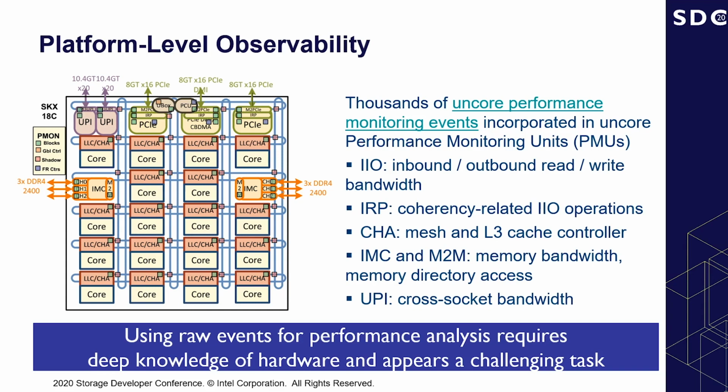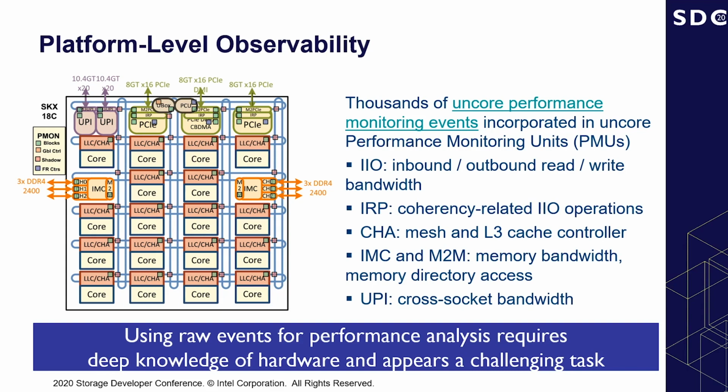On the mesh and the L3 cache side, requests may be monitored with the CHA PMU. The mesh events cover credits tracking, inserts of transactions to various queues, and so on. From the L3 observability perspective, CHA events count requests, insert rate and occupancy, L3 lookups and evictions, memory directory accesses, and so on.